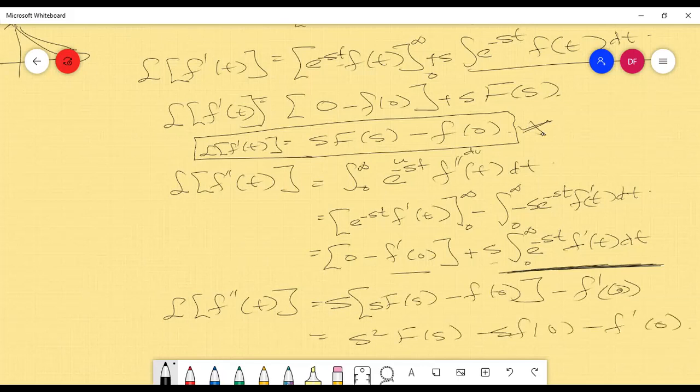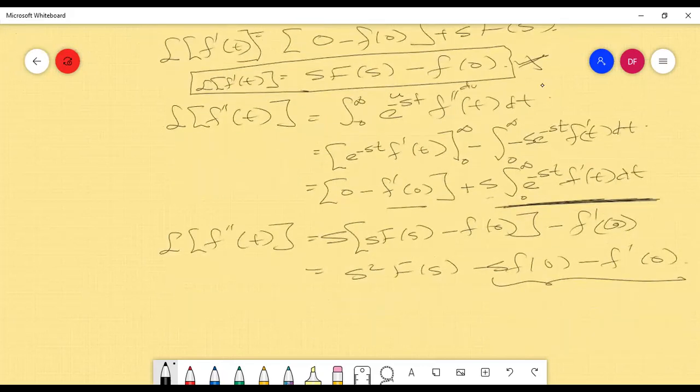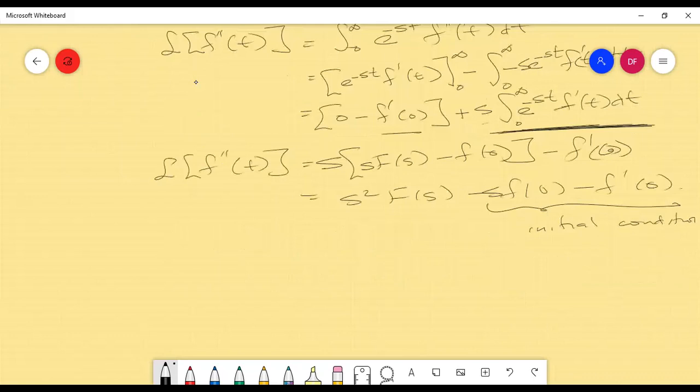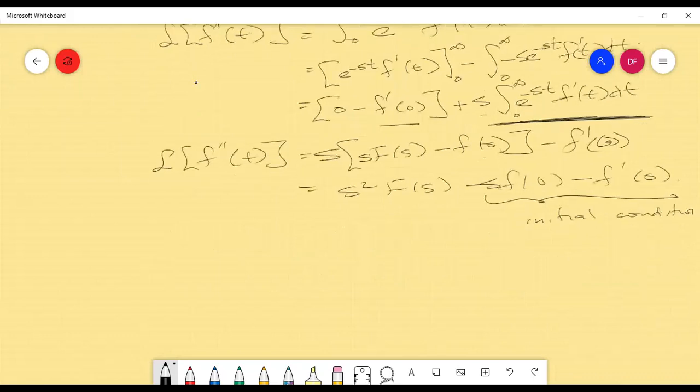So these two things we call the initial conditions of the system. You would have been given things like the Laplace transform of A. Just want to zero in on these two things.